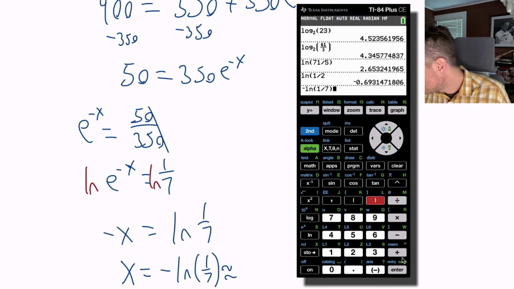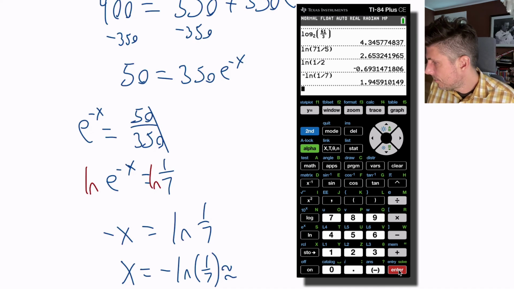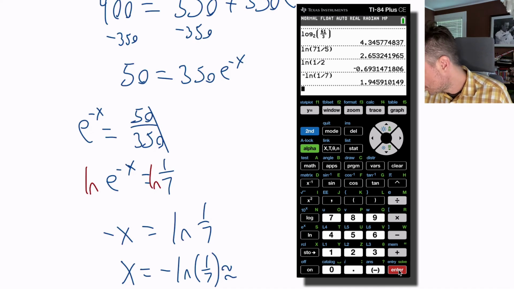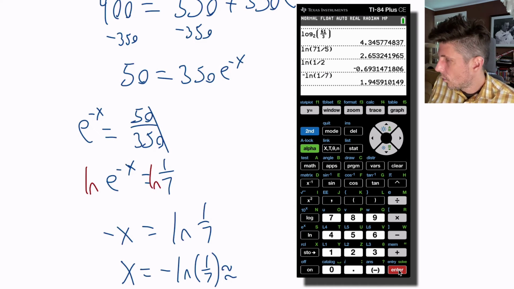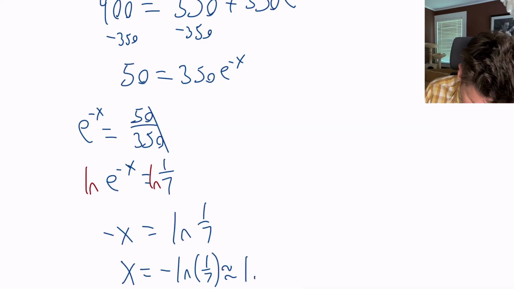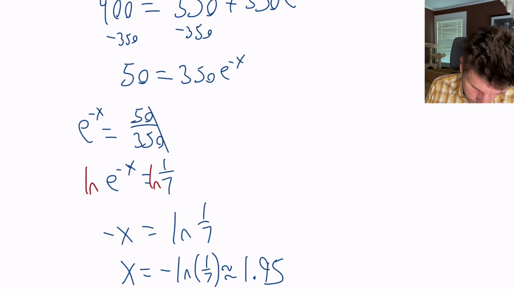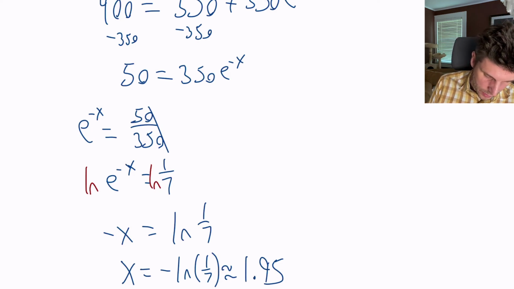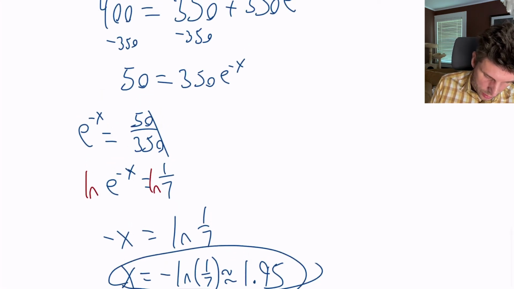Be sure to close that parenthesis, just in case. I didn't do it on the last one, but I think it's fine. It's going to be, yeah, that's right, 1.95. All right, so there's that one.